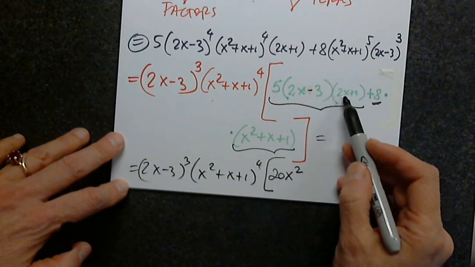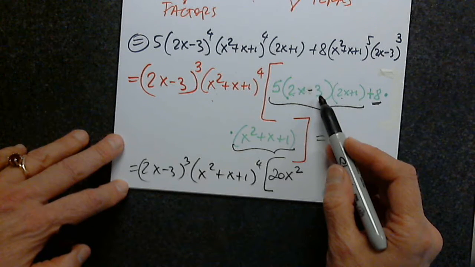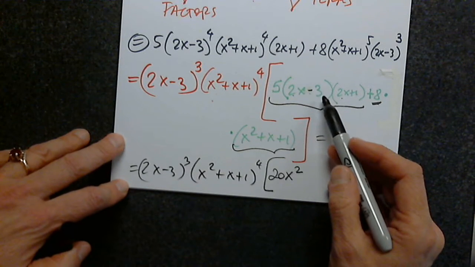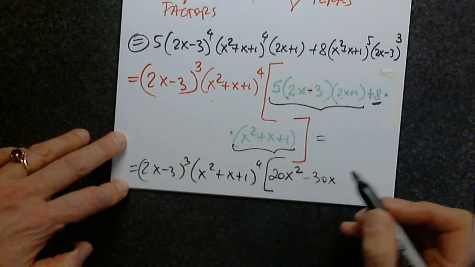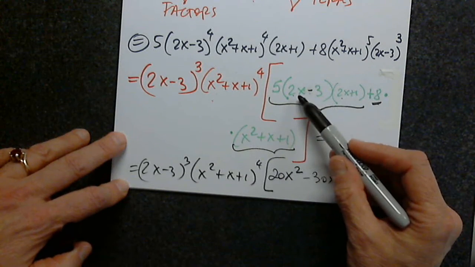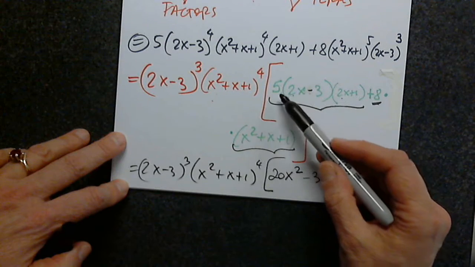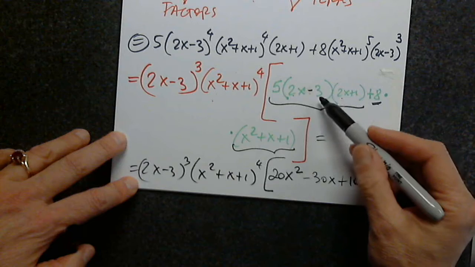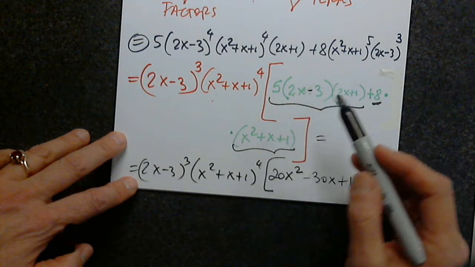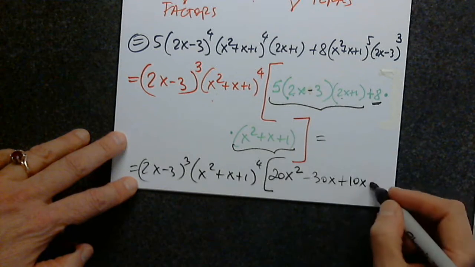Perfect. 2x times negative 3. Negative 6x times 5. Awesome. 1 times 2x times 5. And then 1 times negative 3 times 5. Very good.